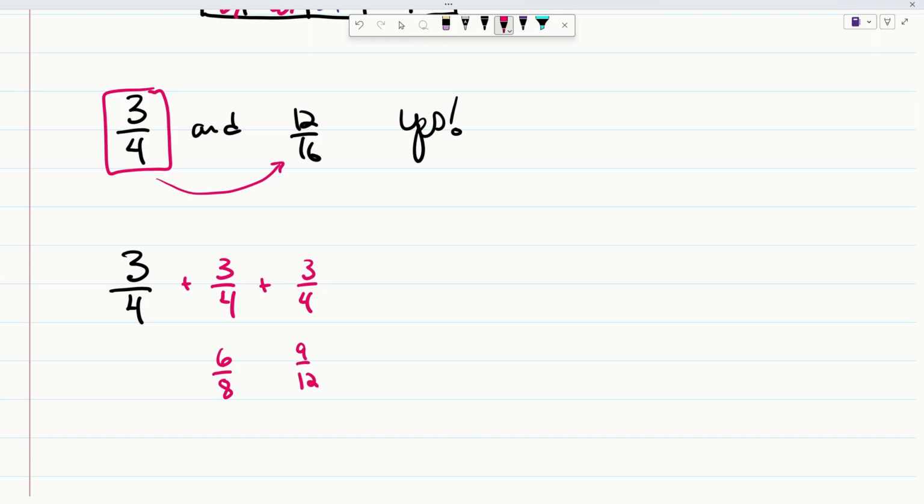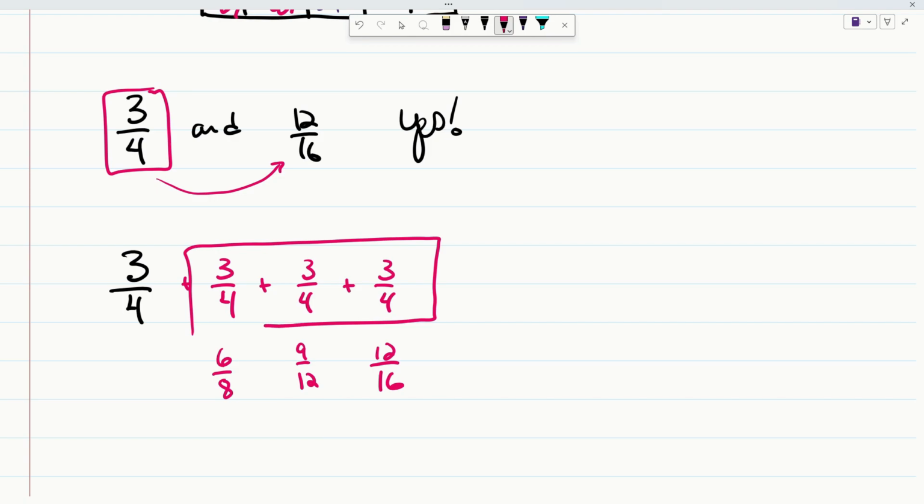All right. If we add another 3/4, notice we get 12/16. So really what you did here is you took 3/4 and you added it 3 times. Think about that. You took 3/4 and you added it 3 times.